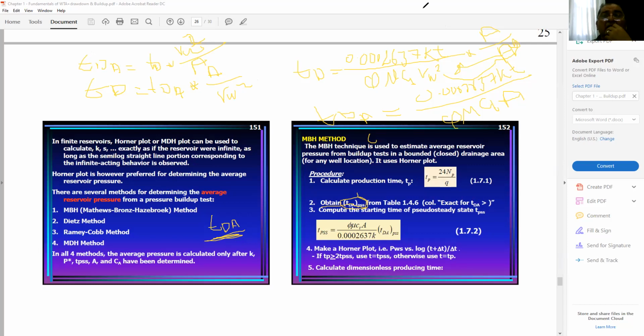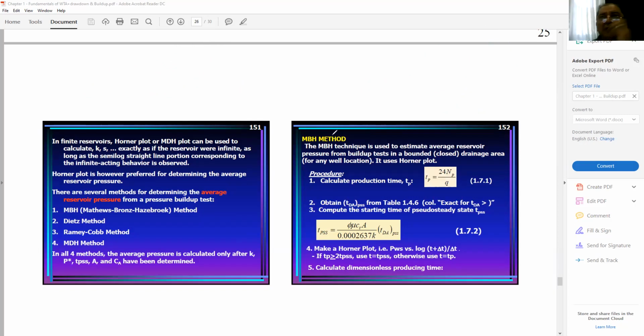Now, going back to the MDH method, as I said, you start with the Horner plot, tp plus delta T divided by delta T, and you plot time versus pressure on a semi-log plot. You will get a straight line, get the slope, and from the slope calculate the permeability, then the skin factor, and wellbore storage.